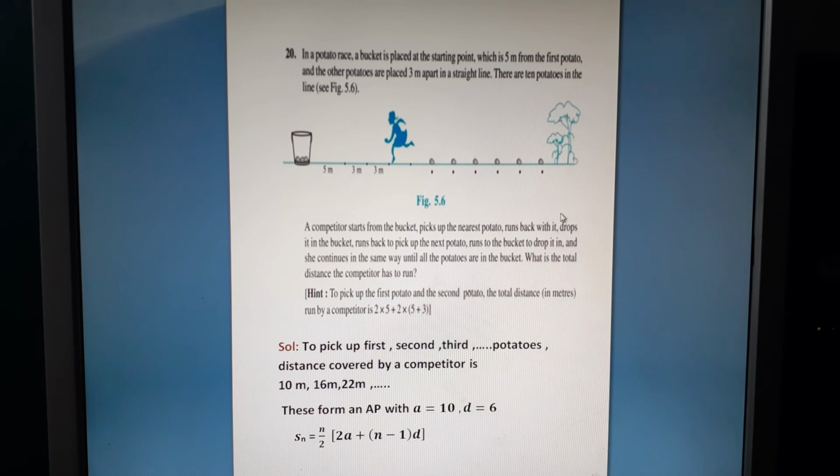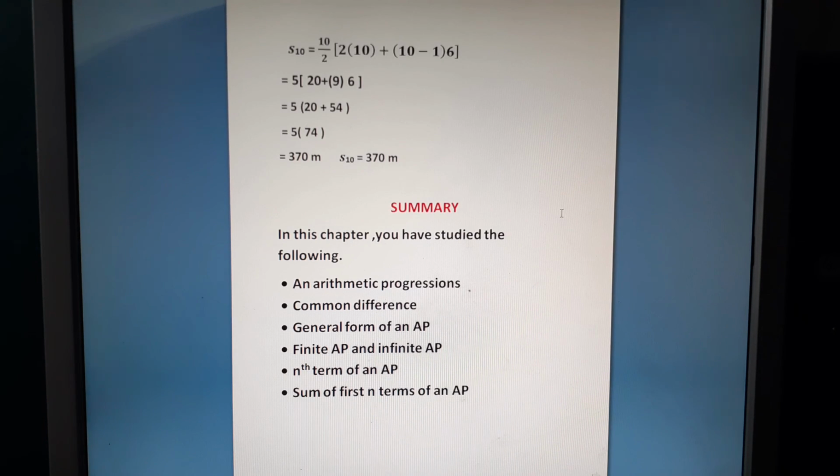Sn is equal to n by 2 into 2a plus n minus 1 into d. Here there are 10 potatoes in the line. Therefore, n is equal to 10. S10 is equal to 10 divided by 2 into 2 into 10 plus 10 minus 1 into 6. 10 by 2 is 5 into 2 tens are 20 plus 10 minus 1 is 9 into 6.